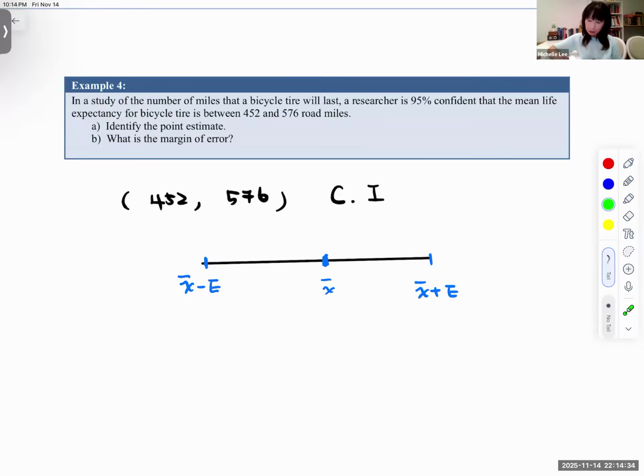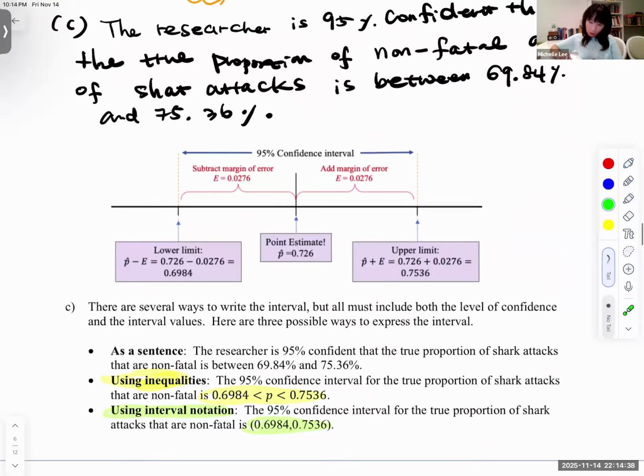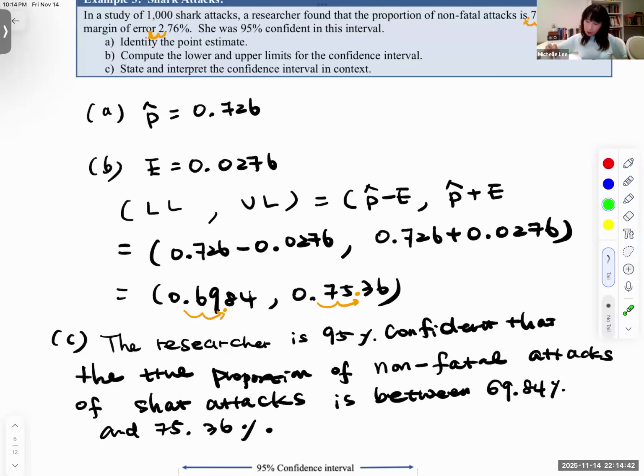So how do we find the point estimate? Let's take a look at this one. This is what we did, right? If we are given two numbers, how do you find the p hat, which is the point estimate?